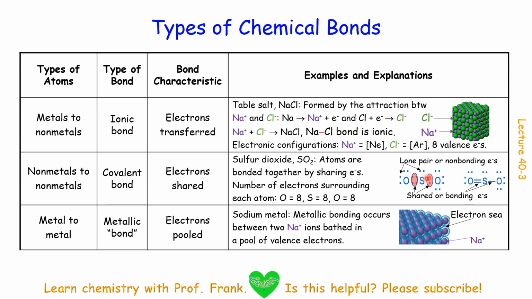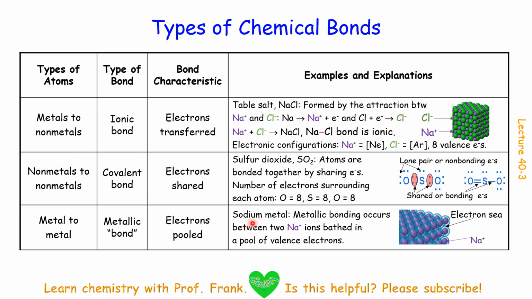Now if you focus on the sulfur atom and the last oxygen atom, both share one pair of electrons, and that forms a single bond. If you look at the number of electrons surrounding each atom, the first oxygen has 8 valence electrons, sulfur also has 8 valence electrons, and the last oxygen also has 8. Therefore, the octet rule is met here.